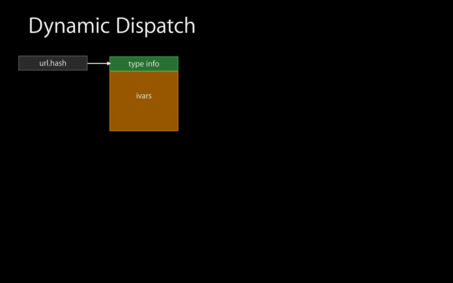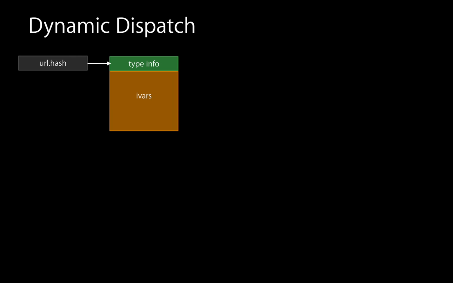So we're here, and we have our little URL object, and we're trying to call hash on it. We said there's a hat on our URL object that says, I'm a URL. It turns out that's sort of true. That object has ivars, of course, but it also has type information. For those of you that use Objective-C, that would be the isa.